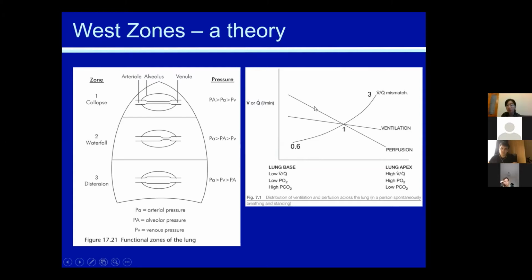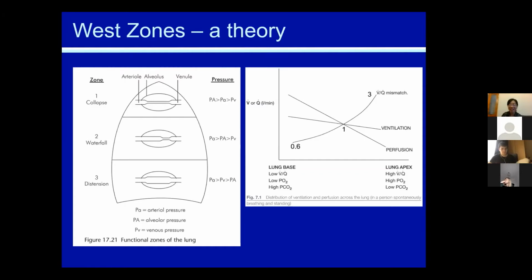At the top of the lungs, your VQ ratio is about 3. As you move down the lungs, this is your sweet spot here where your ventilation meets your perfusion. You've got a VQ ratio of 1. As you keep going down the lungs, you've got way more perfusion than you have ventilation, and your VQ ratio is about 0.6.